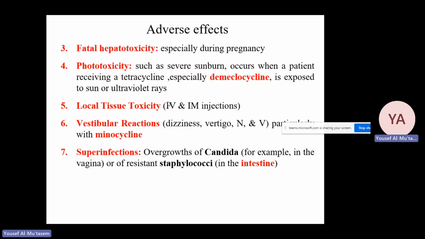There is also local toxicity at the site of injection, vestibular abnormalities, dizziness, nausea, and vomiting, especially with minocycline. Because of their broad spectrum, it is expected to suffer from superinfection like candida infection, either in the mouth or in the vagina. They call it mouth thrush or vaginal thrush.